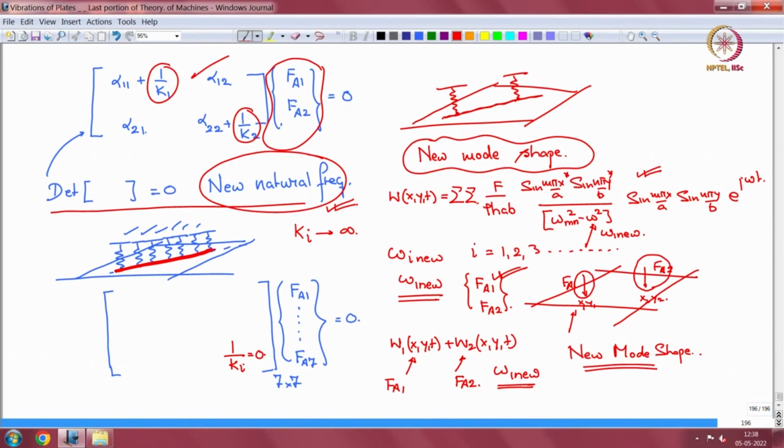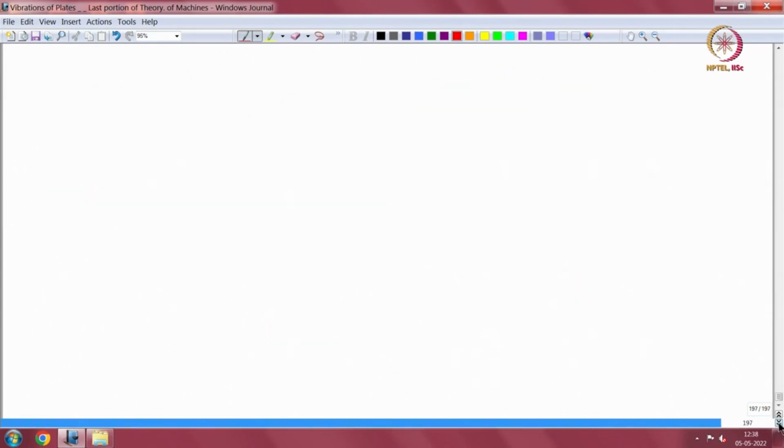Of course, if you finally take the k values to infinity, they will become supports. So this is a powerful technique. Instead of linear springs, you can use rotational springs. Then you can put line receptance.